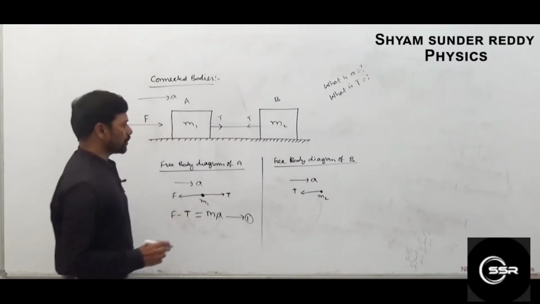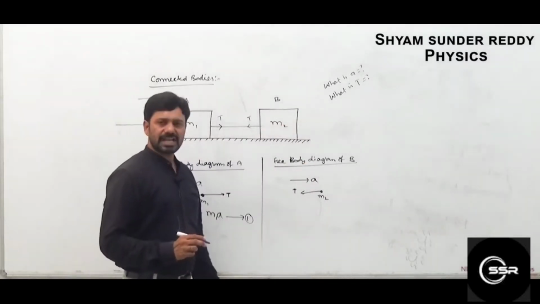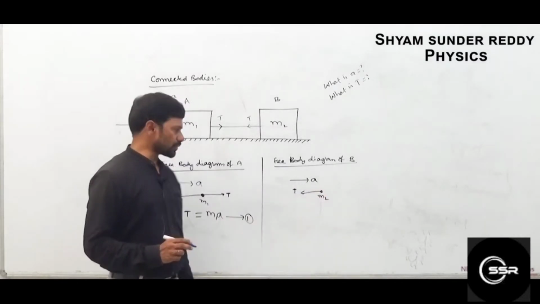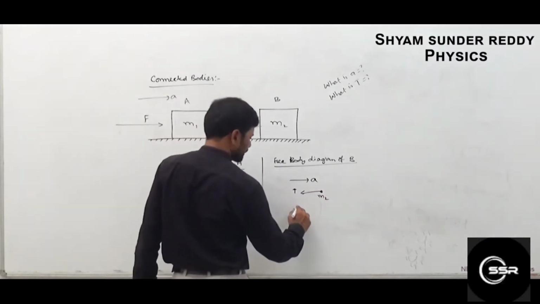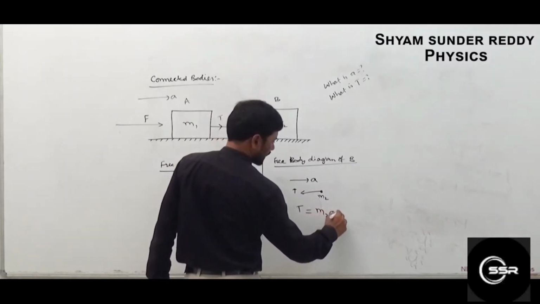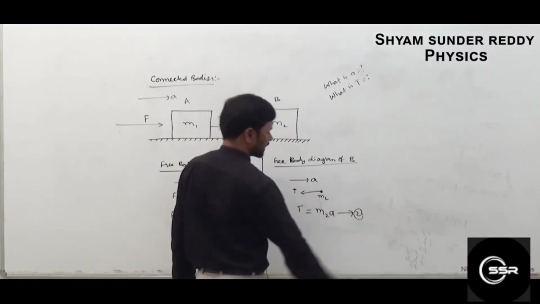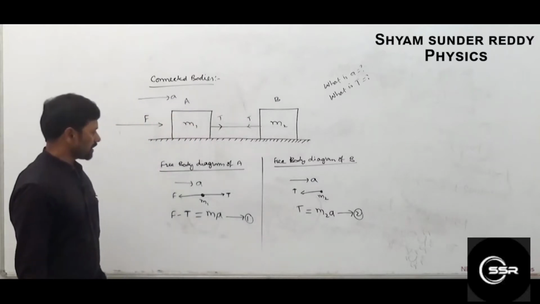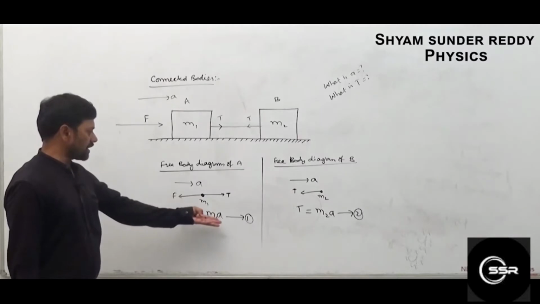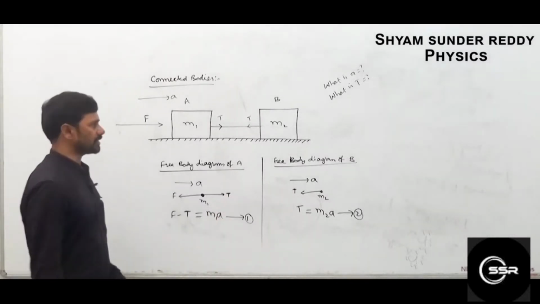Here no other force is acting. The total tension is nothing but the net force. So we can write T is equal to m2a. This is the second equation. From equations 1 and 2 we need to find the acceleration and tension.